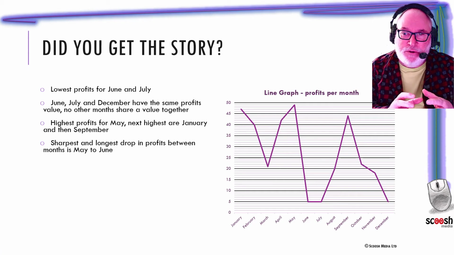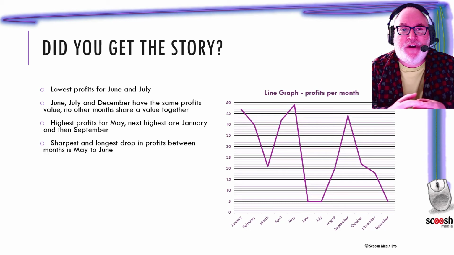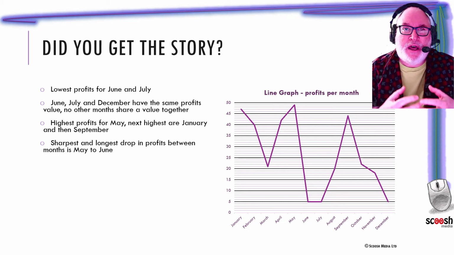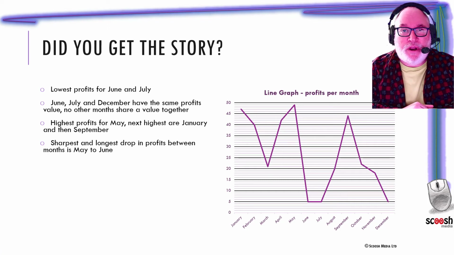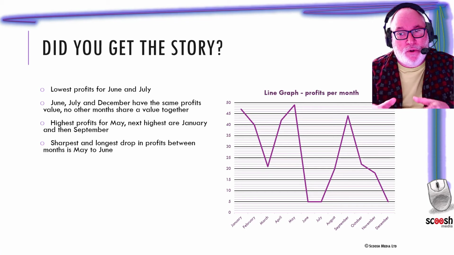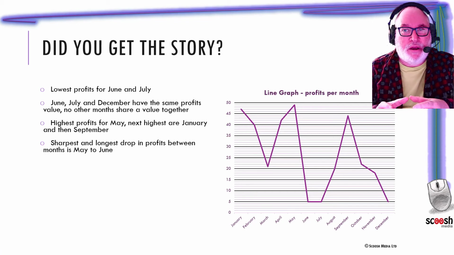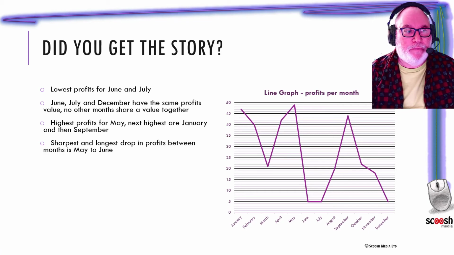But the first thing we need to be able to do is find out what the line graph here is telling us. Then you can ask questions after that as to possibly the reasons why within an organisation. And you'd maybe know why. But you need to know, from looking at the line graph, what is the story? So let's look further into this story.